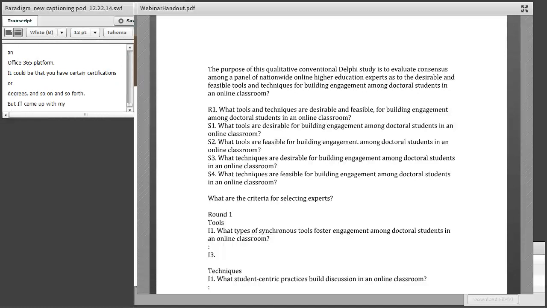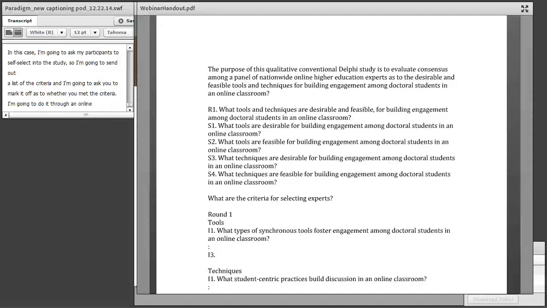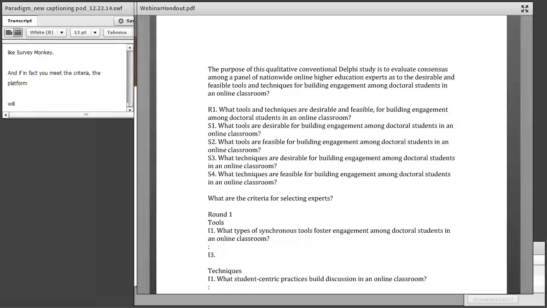In this case, I'm going to ask my participants to self-select into the study. So I'm going to send out a list of the criteria, and I'm going to ask you to mark off whether you met the criteria. I'm going to do it through an online survey platform like SurveyMonkey. And if, in fact, you meet the criteria, the platform will advance you to an informed consent document where you'll be able to indicate or acknowledge your agreement.